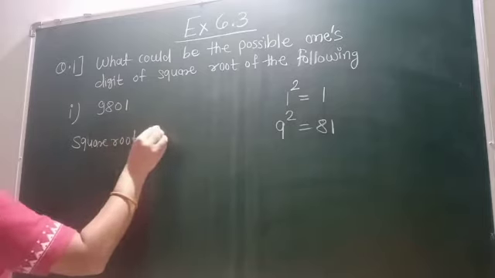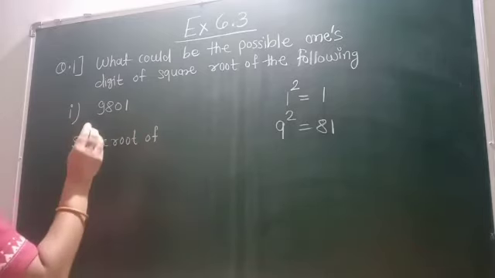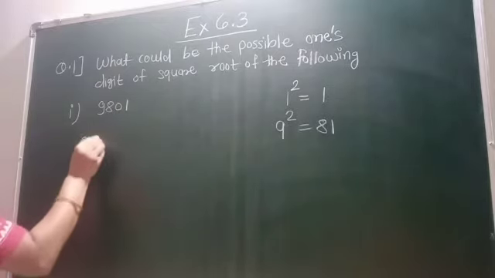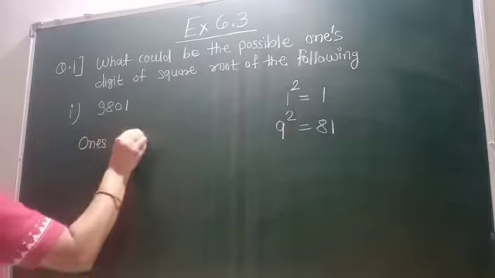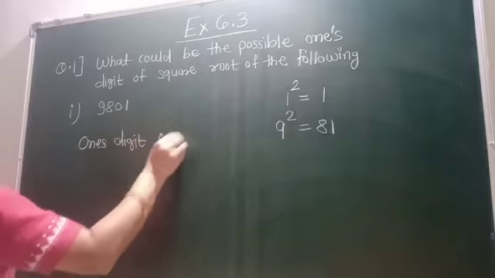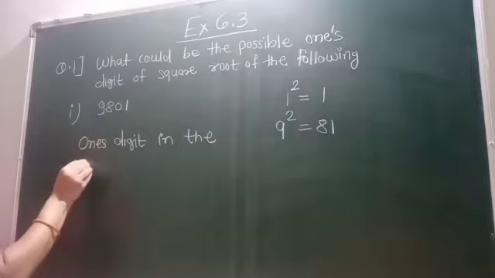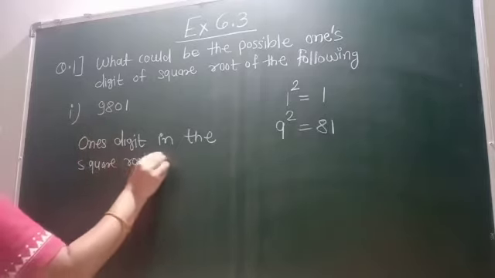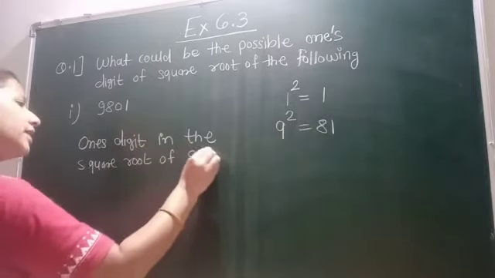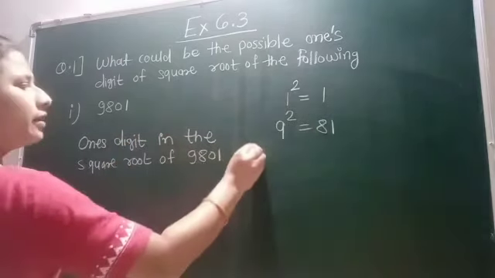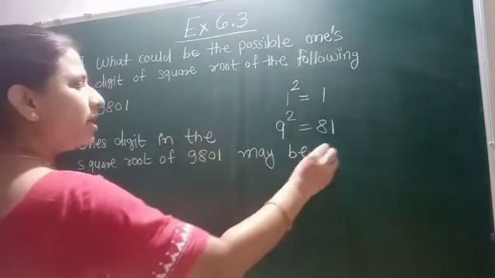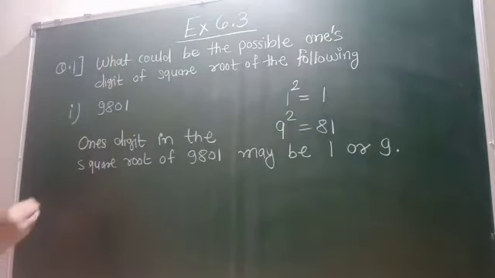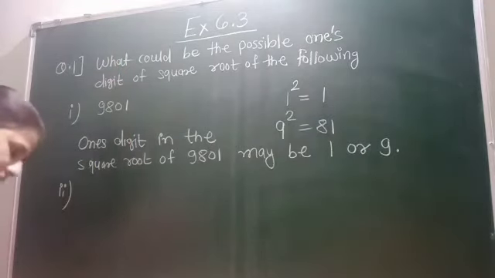Square root of... ones digit in the square root of 9801 may be 1 or 9. Okay students?